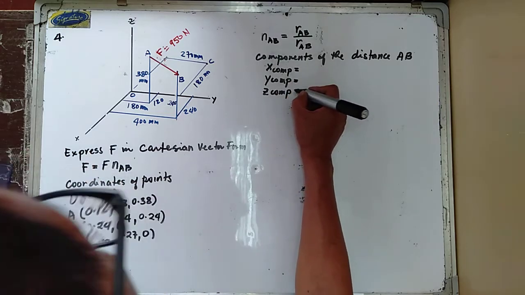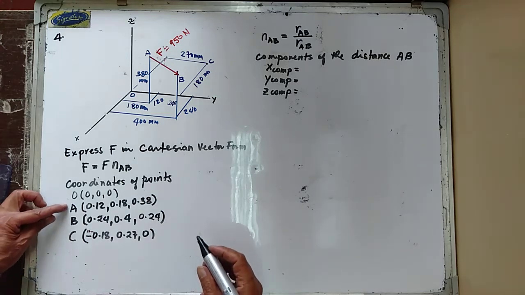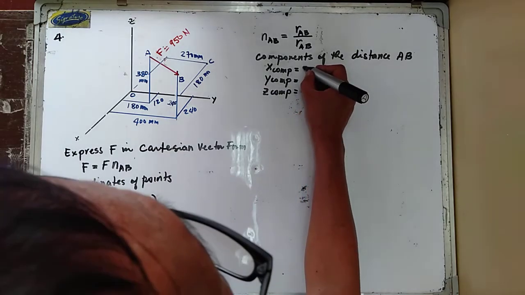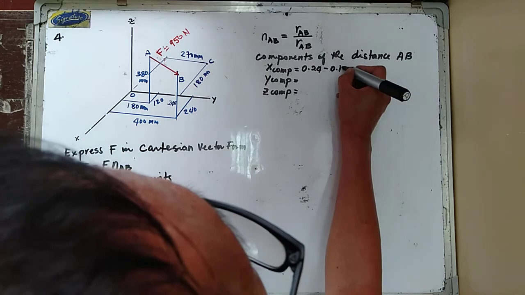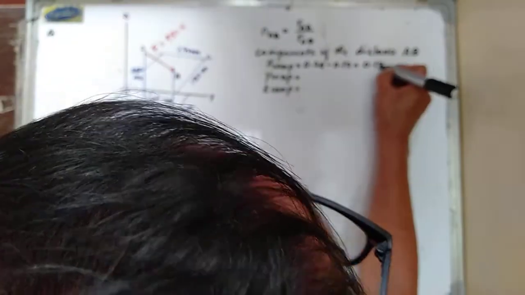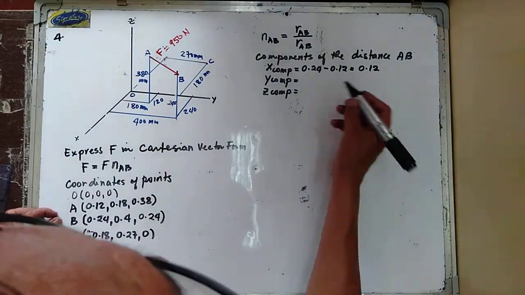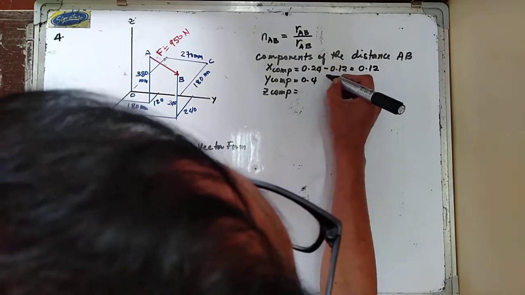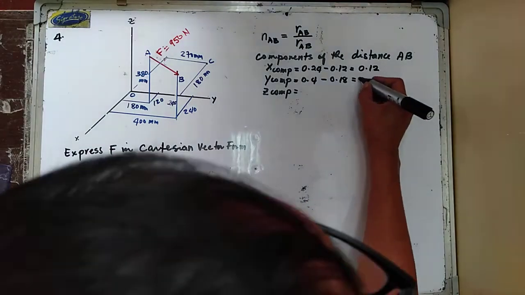So it is B minus A. 0.24 minus 0.12 is equal to 0.12. 0.4 minus 0.18 is equal to 0.22.